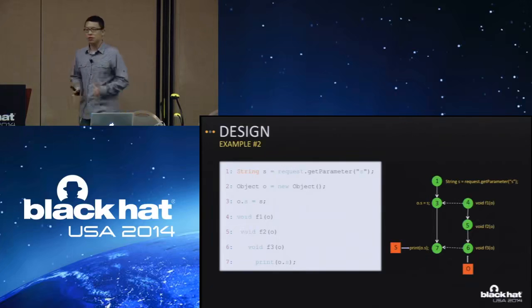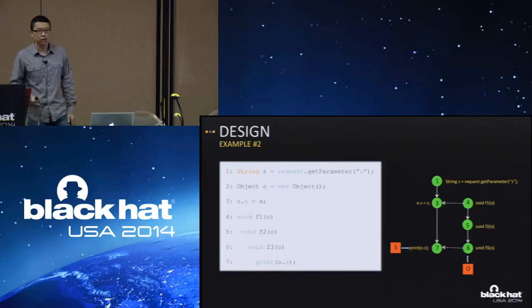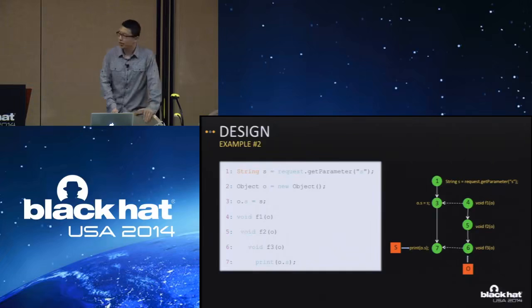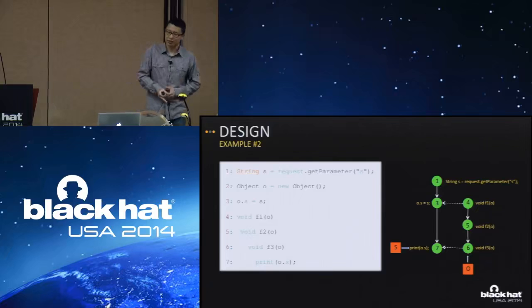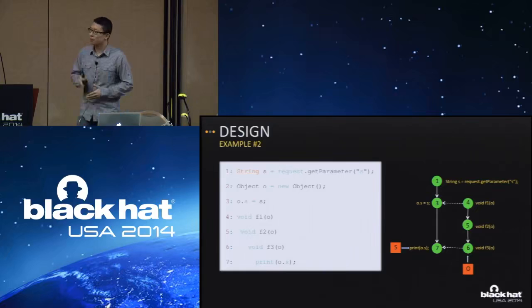But those data flows are not for the string, right? Because those have nothing to do with the string. Those only deal with the object. So how do we do that? We have to somehow chain together different objects' data flow in order to create a complete data flow for a particular object. And that is what I meant by complete data flow.